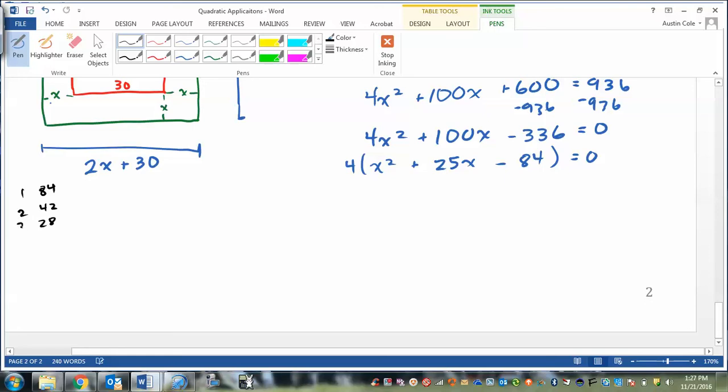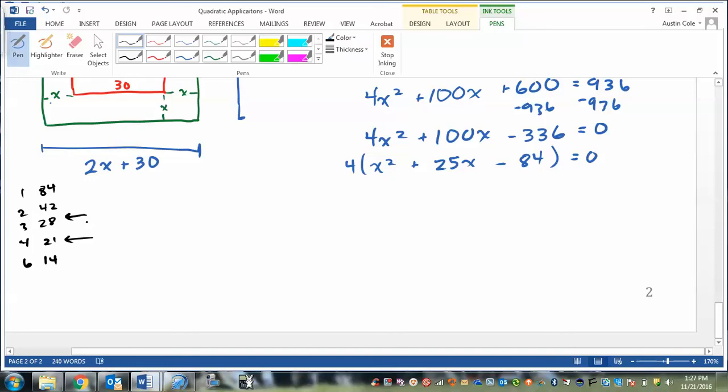Sweet. 4 and 21. 5 and nothing. What about 6 and 14? Do those add up to 25? What about 3 and 28? Which one works?